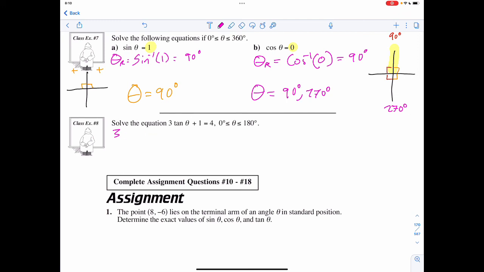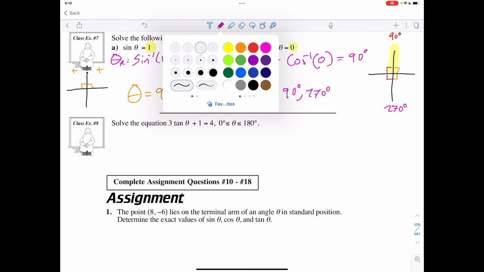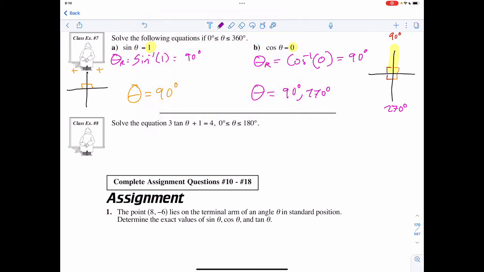Well, it works the same way here. If I have 3 tan theta plus 1 is equal to 4, I'm going to subtract 1 from each side, and I'm going to divide both sides by 3.